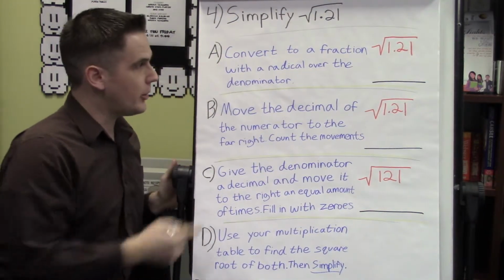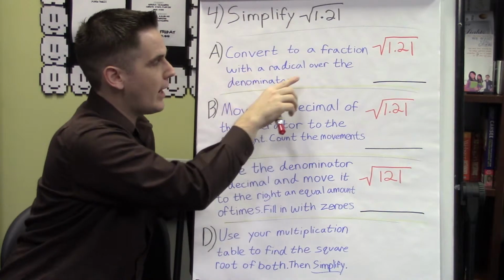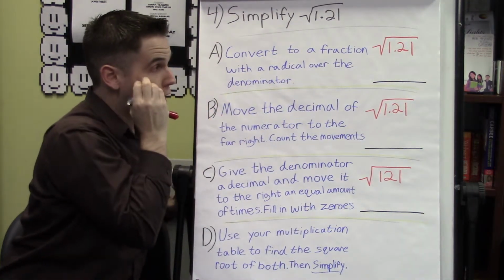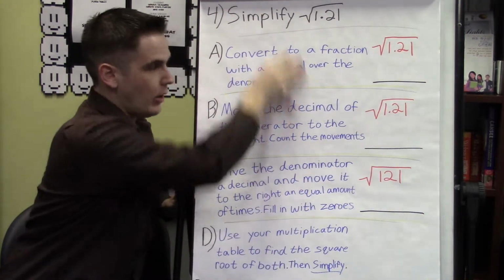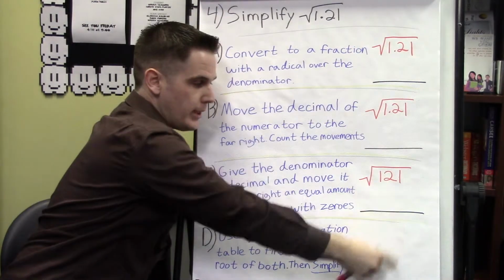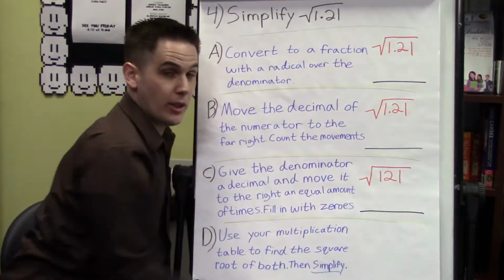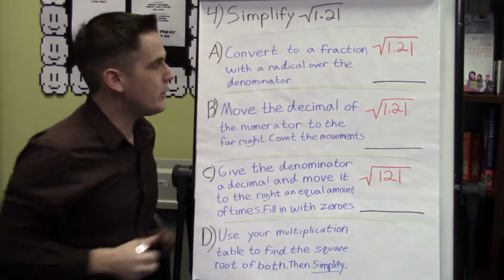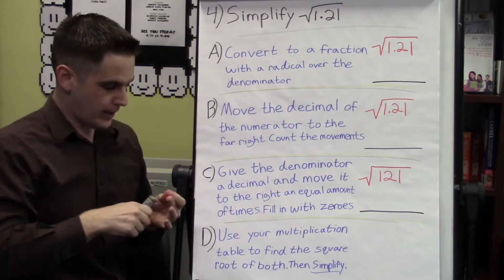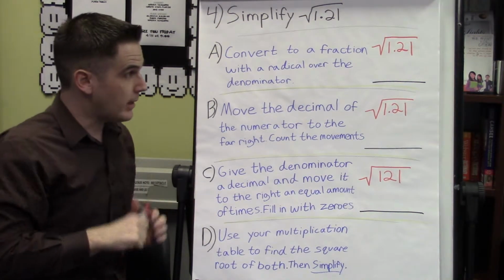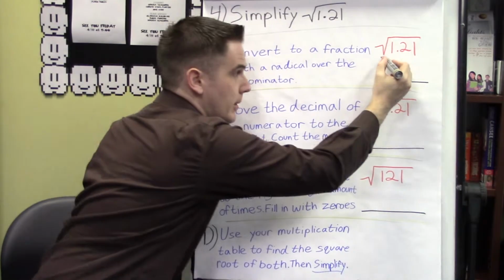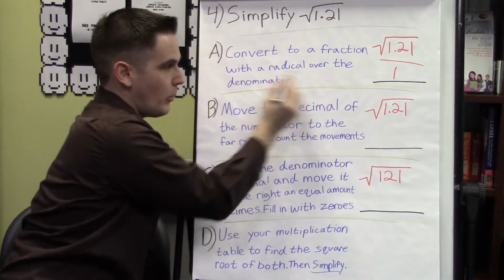First thing we're going to do is convert to a fraction with a radical over the denominator. On your paper, you don't have to write all these words, but you do need to write the numbers that I'm going to start drawing out. So converting to a fraction with a radical over the denominator means, turning into a fraction means over 1, right? But with a radical.